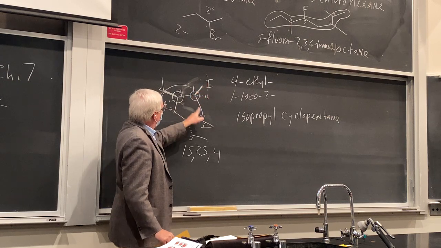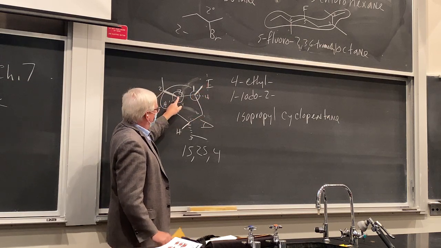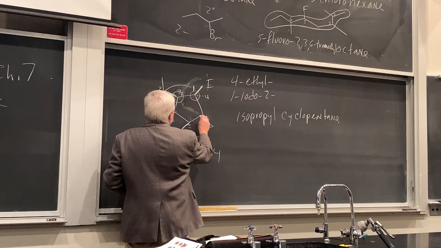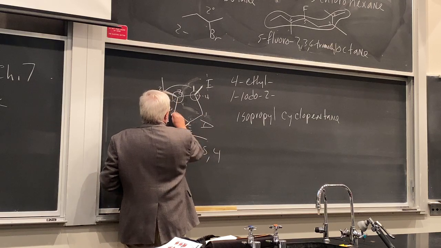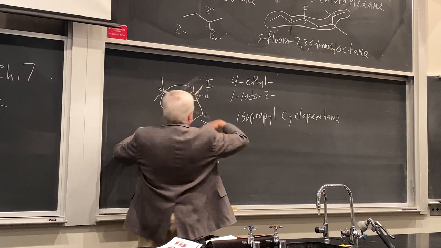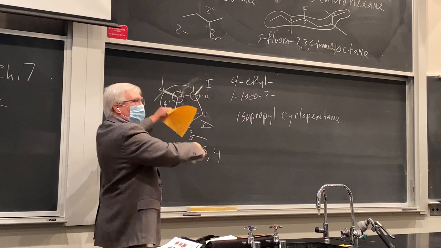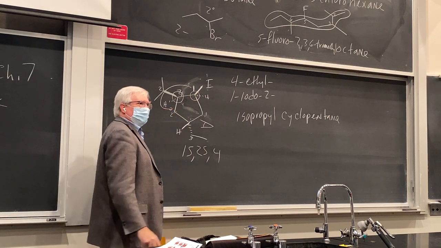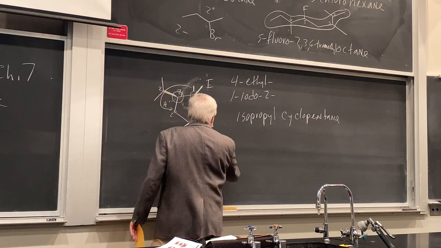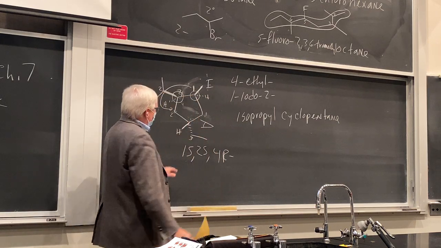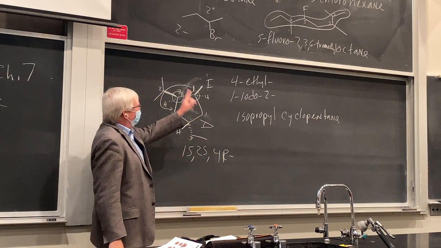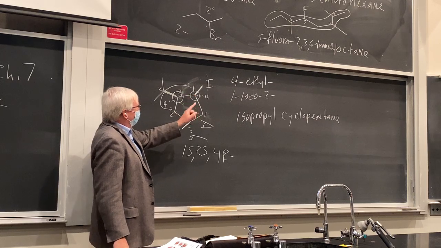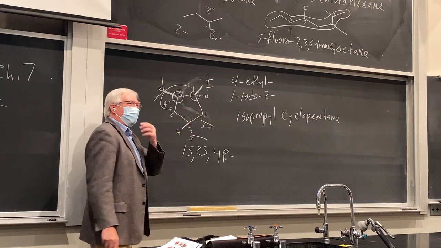Oh, and then the iodide, yep, is over this one here. So I'd say this is 1, 2, and then if we pull it out, again, holding the hydrogen in the back. So that's clockwise, right? So I think that's R. So yeah, you need this whole thing in the front, and then 4 ethyl, 1 iodo, 2 isopropyl cyclopentane.